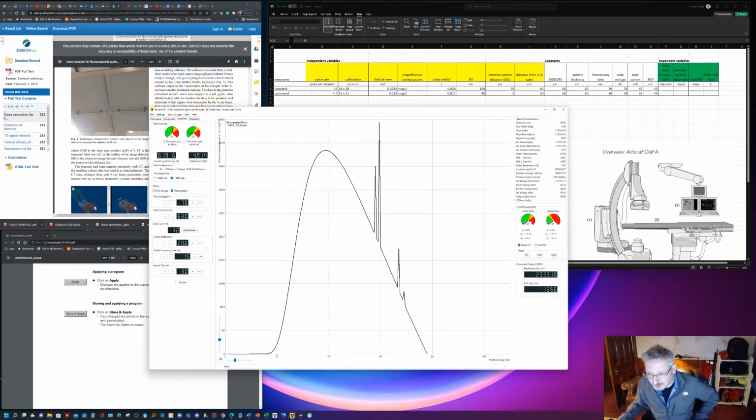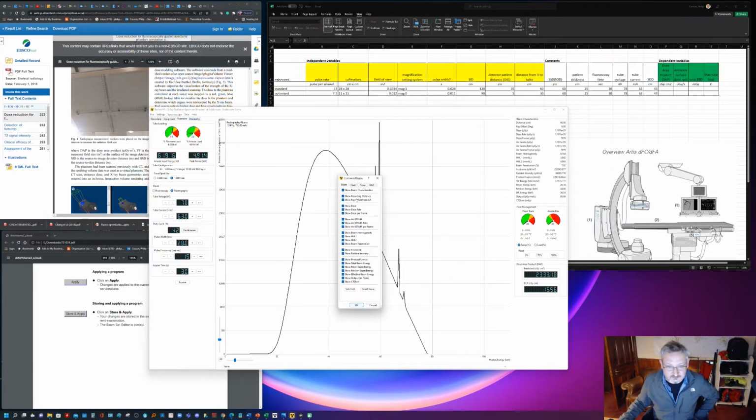So I'm going to reset the heat to 0. So the heat units are going to come up on here. And in the data here, I'm just going to have accumulated DAP, not predicted or dose length point.